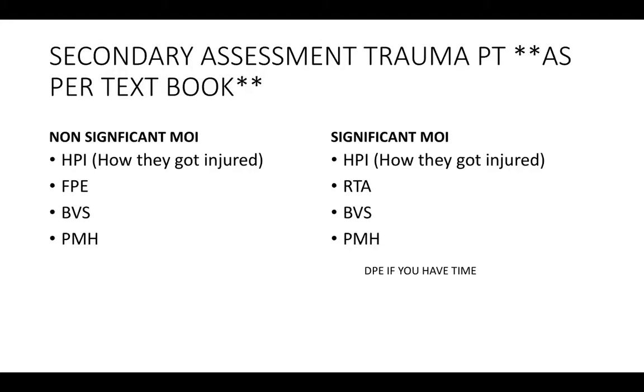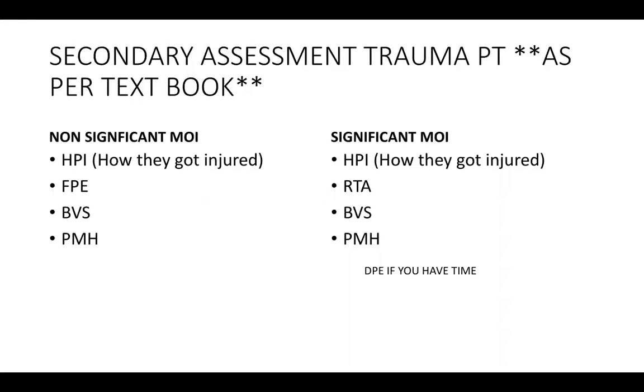As per your textbook, you're going to start with HPI, history of present illness. You're going to basically modify that to how did you get injured? That's basically a modified version of the HPI. Are you hurting anywhere else, right? So you're modifying your HPI for this non-significant MOI. And then you're going to do a focused physical exam because they're telling you, hey, I fell on my skateboard and my arm hurts.